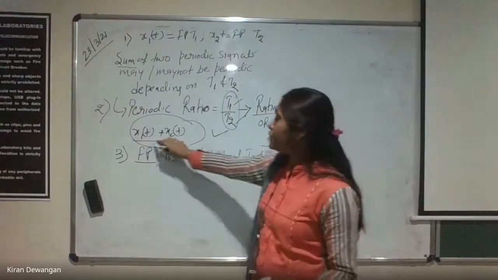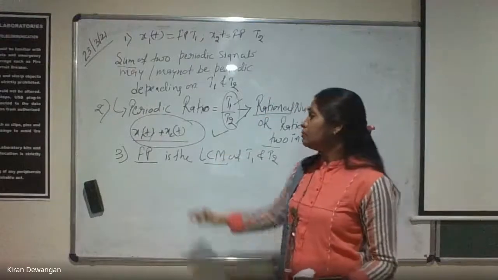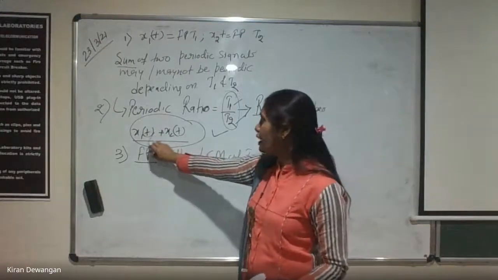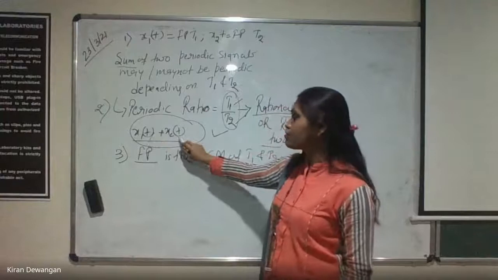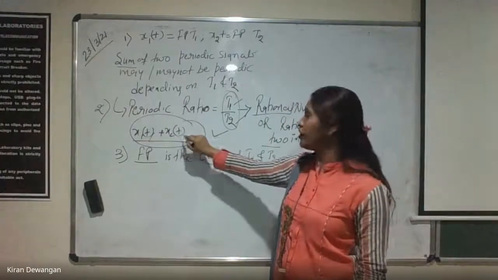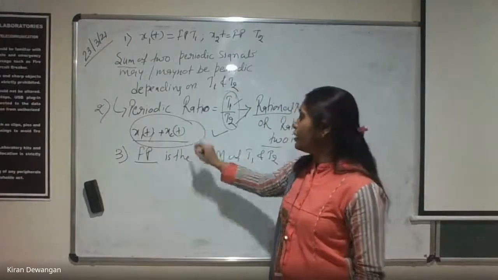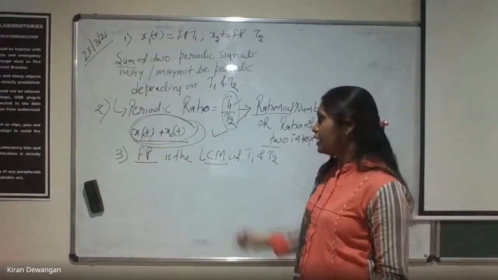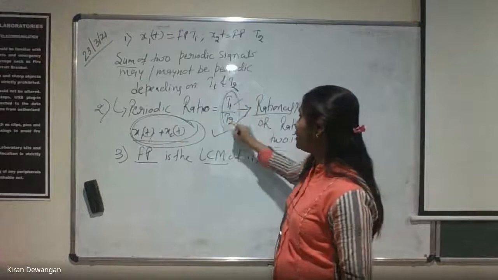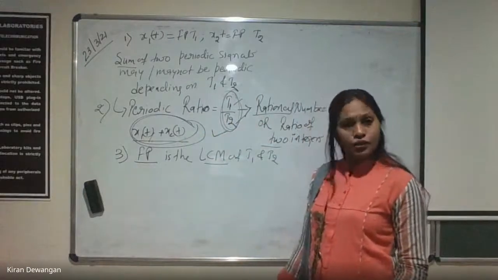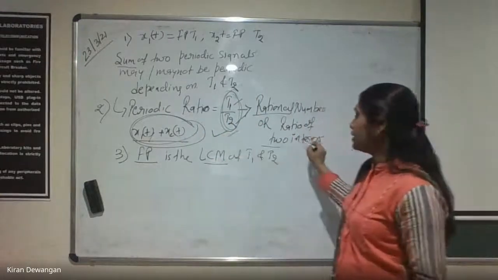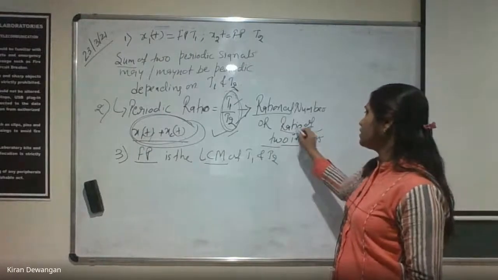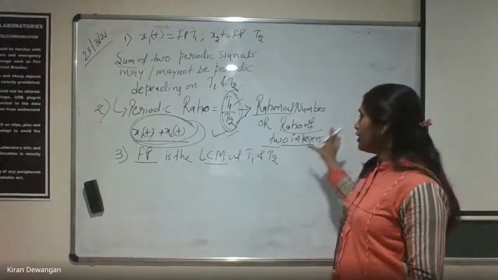So if we have x1(t) which is periodic with fundamental period T1, and x2(t) which is also periodic with fundamental period T2, and we are taking the sum of these two signals, then we have to find the ratio of T1 and T2. We have to check whether it is the ratio of two integers, or a rational number.